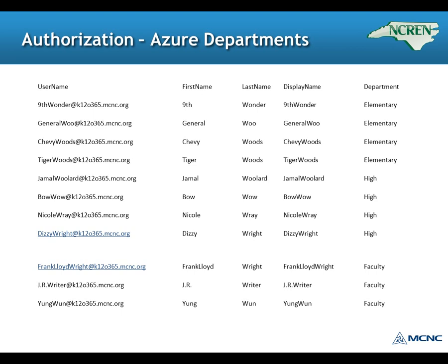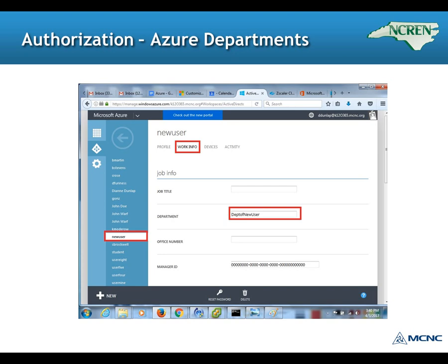It's based on the user's membership in the department. So we see our same users as we did before, but we see in our fifth column over here, we have our department. And that's how we make a distinction in Zscaler as far as what these users are allowed to do, is based on their Azure department.